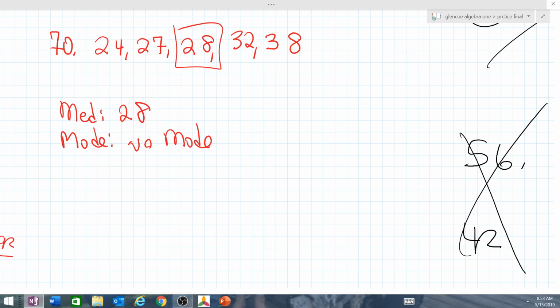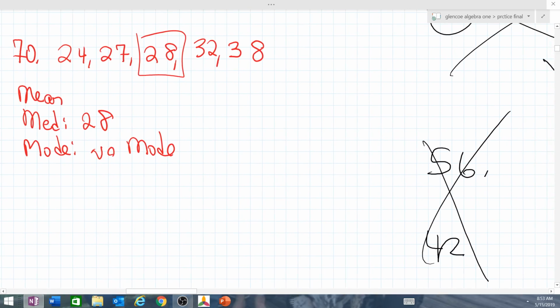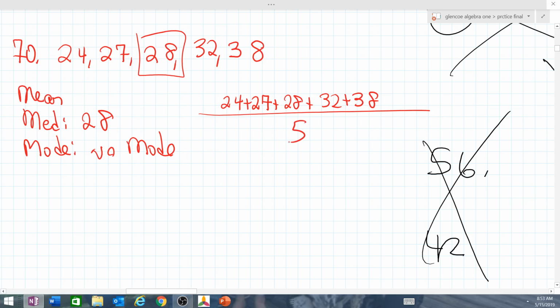Okay, and what's the mean? So the mean, you have to add them all up. So you would add up 24 plus 27 plus 28 plus 32 plus 38 and divide by 5. Okay, so let me do it to make sure. Do you have your calculations in front of you? 24.